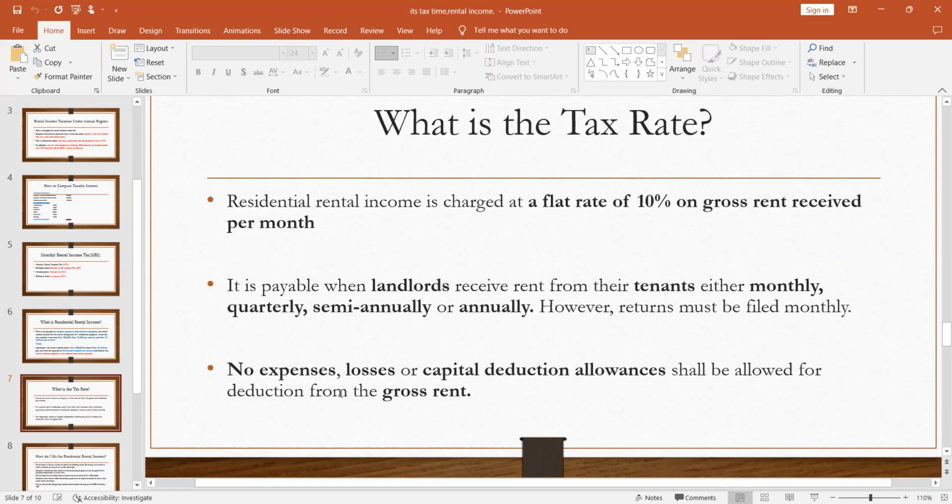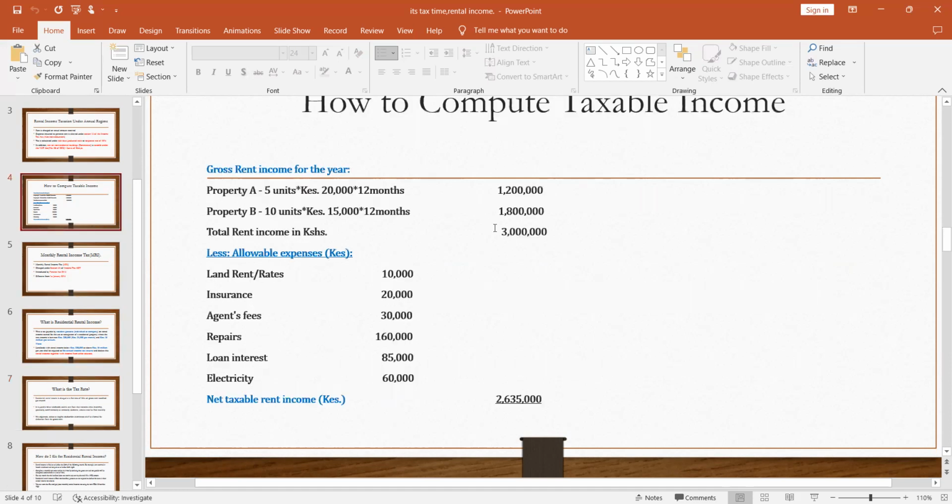No expenses, losses, or capital allowances shall be allowed for deduction from the gross rent. Unlike if you fall under the annual regime, here you will not be allowed to remove anything from what you've collected within that month.